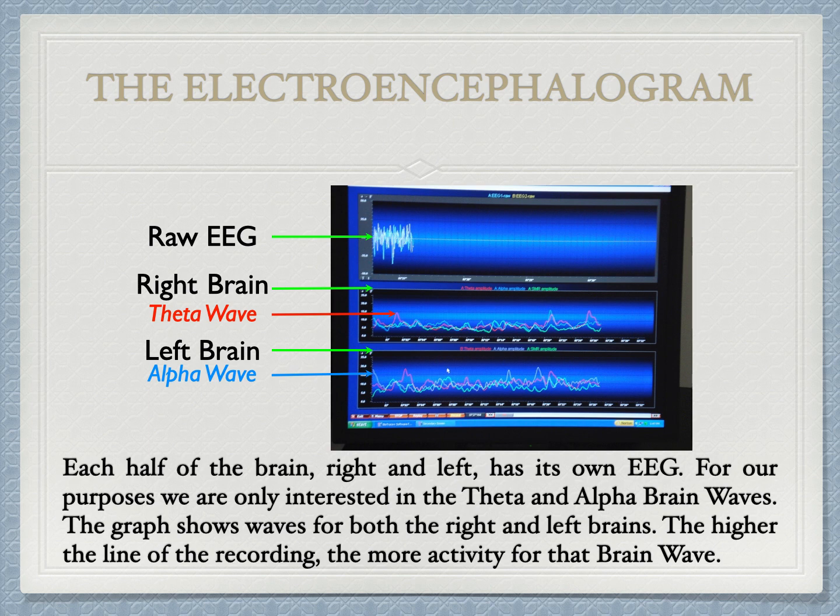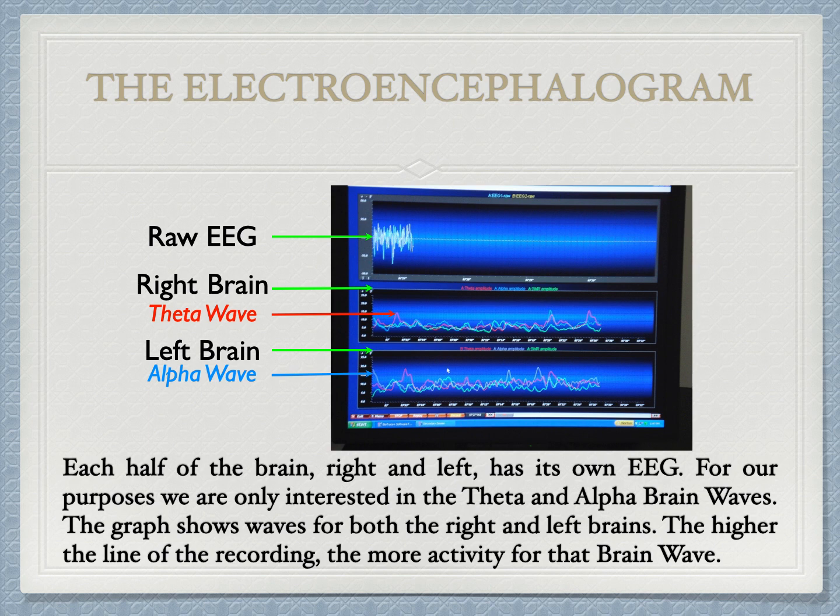The slide shows a representation of the brain waves. The raw EEG is the input into the computer, and then the computer program transforms the raw wave into the theta waves and the alpha waves.